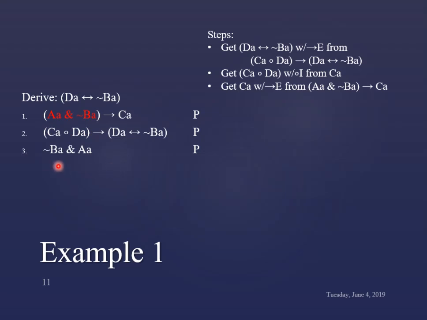And so you might think, well, okay, I'm done. I can just use 1 and 3 to get CA. And the fact of the matter is that's not true, okay? I understand that not BA and AA is equivalent with AA and not BA. From a semantic perspective, I understand that. You know, you could do a truth table, prove that. I totally get that.